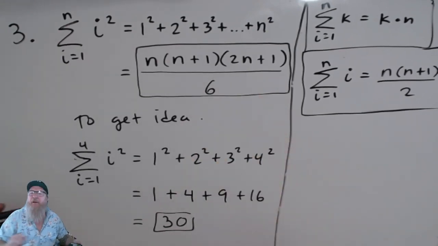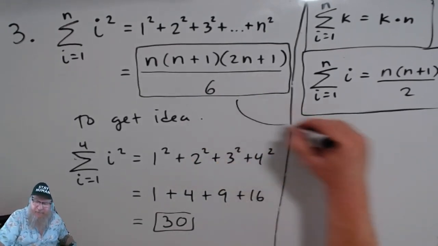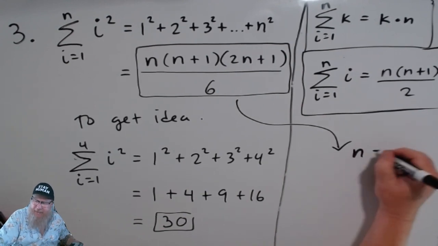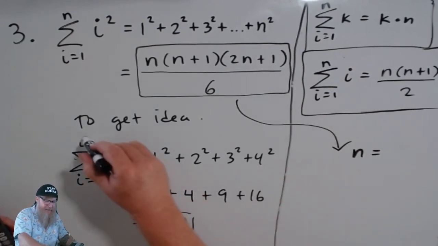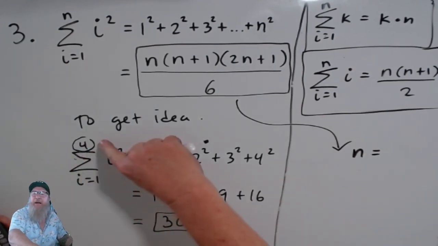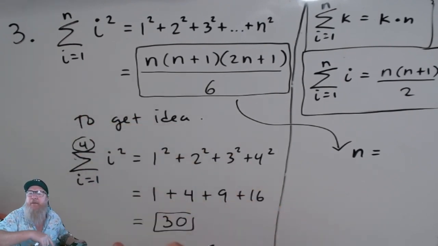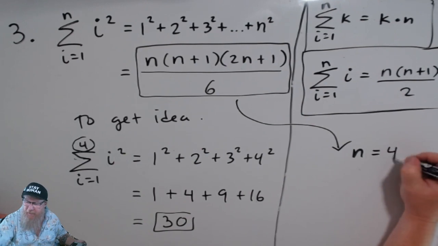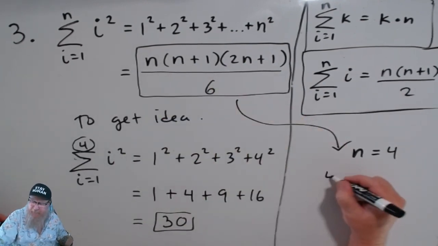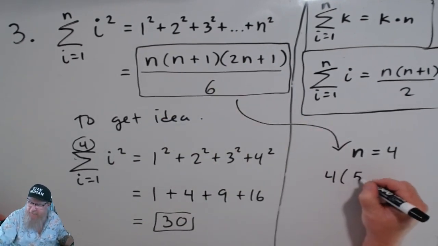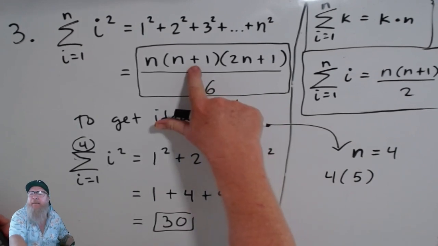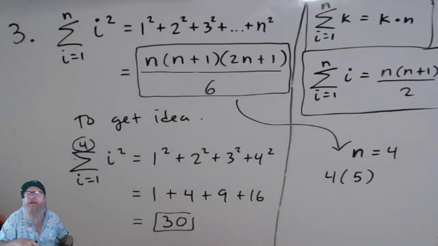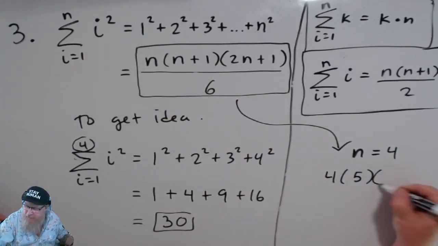Now use the formula. What's n? n is the top of the summation, the ending point of the summation. It's the last number, so it's 4. So use this formula: 4 times 5, n plus 1 is 5, times 2n plus 1.